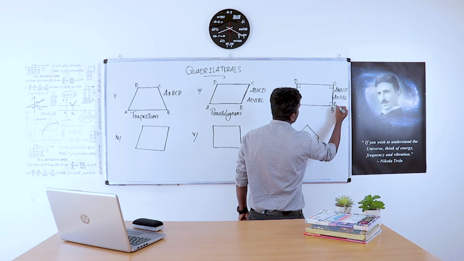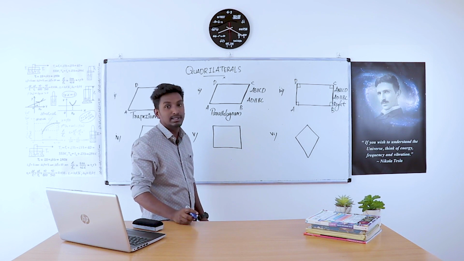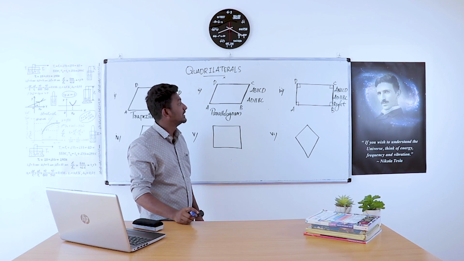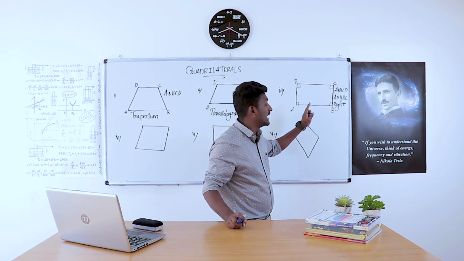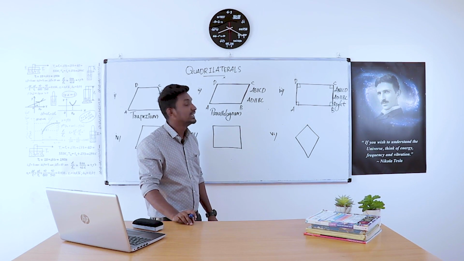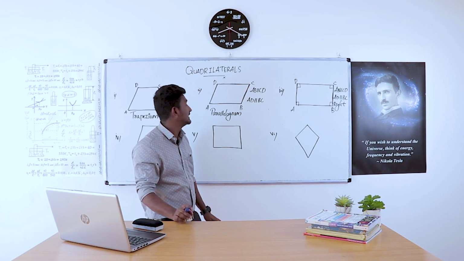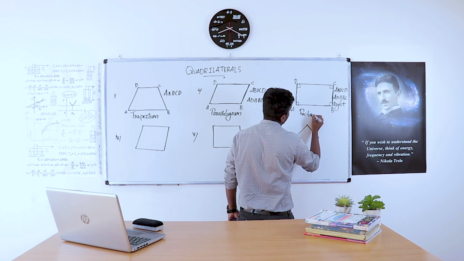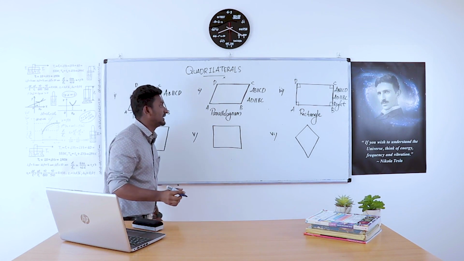That means all the angles are 90 degrees each. Here opposite sides are equal and parallel and all the angles are right angles. Then this quadrilateral can be called a rectangle.